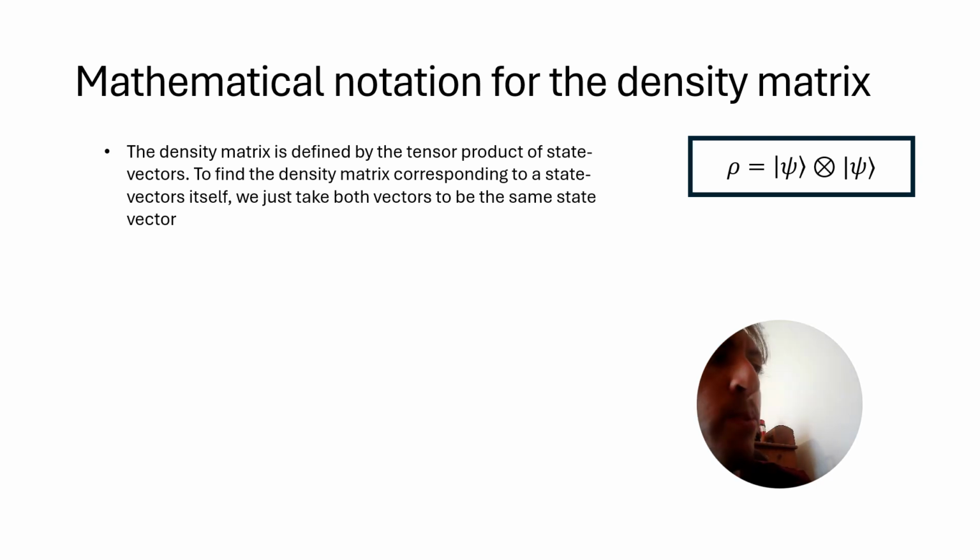So the first one is the idea that we just define a density matrix as the tensor product of state vectors, where that circle with the cross in the middle is essentially a density matrix. When I say a cross, it's really a times symbol. Sorry, it's not a density matrix. Sorry, what am I saying? It's a tensor product. And it's a tensor product because it produces something with more indices than the thing we're taking the tensor product between.